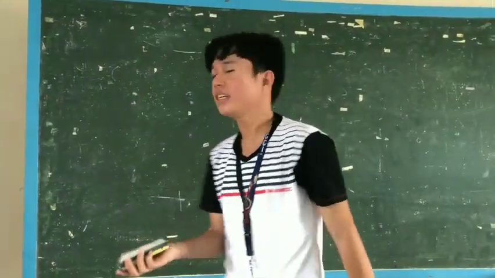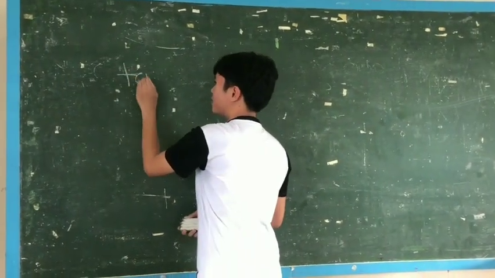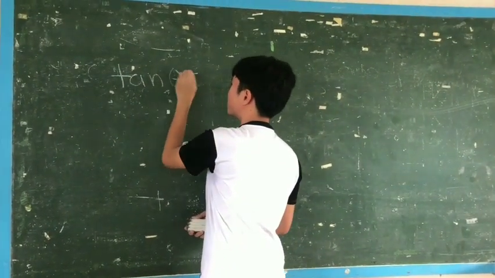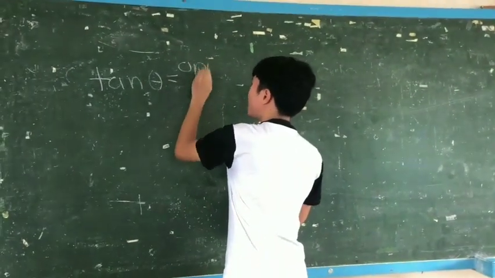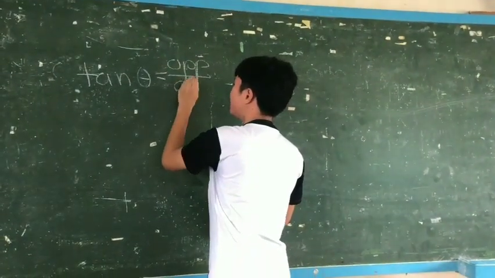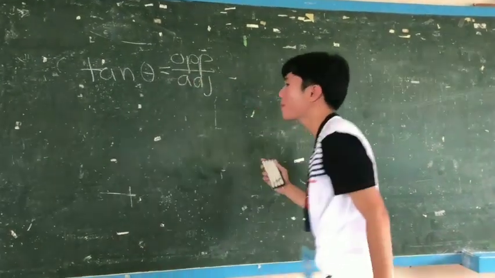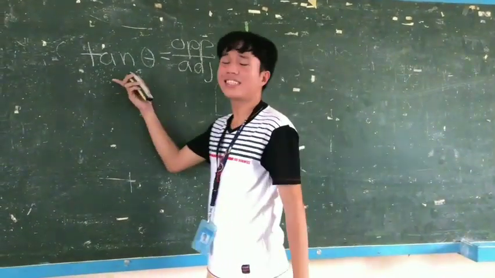So we remember the tangent, which deals with opposite and adjacent. So what is its reciprocal?